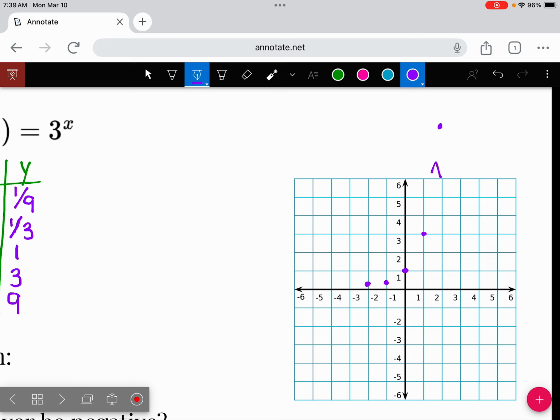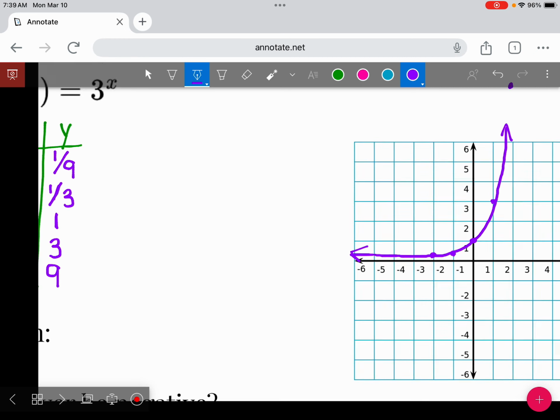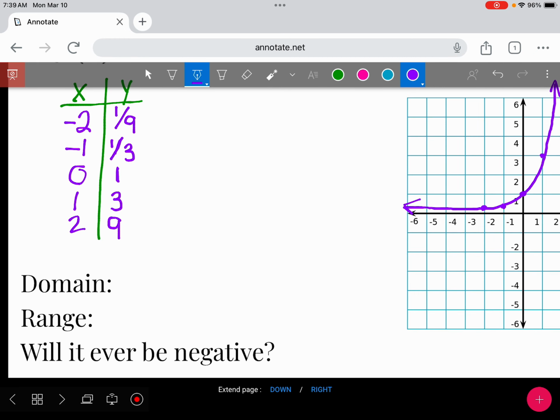Point an arrow. That gives us kind of our shape here. It's going to look something like this.